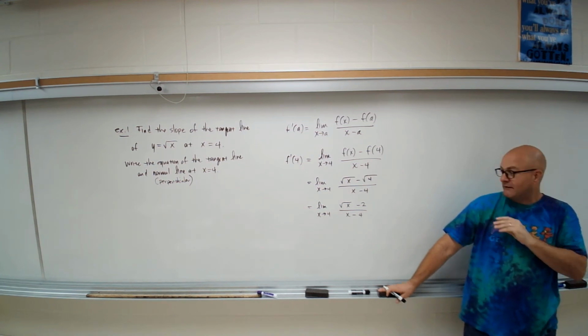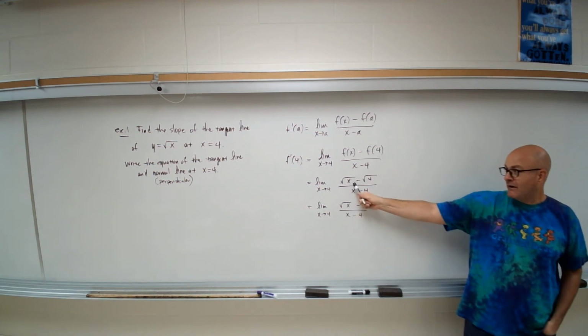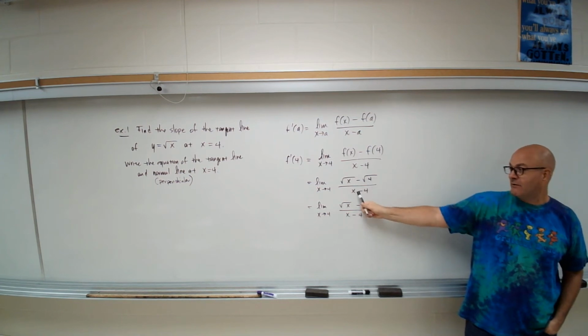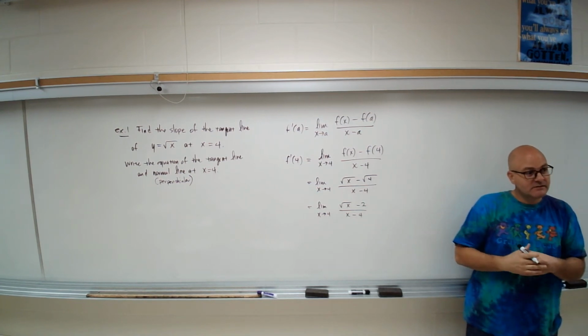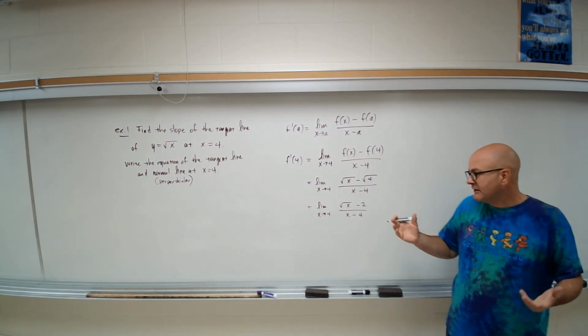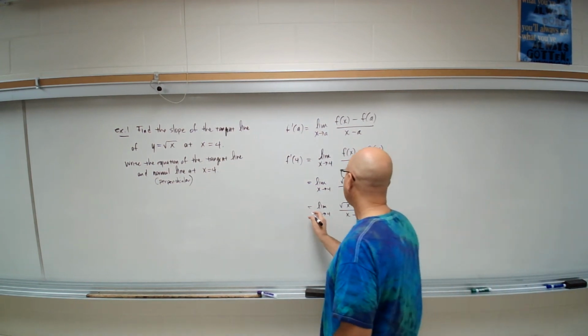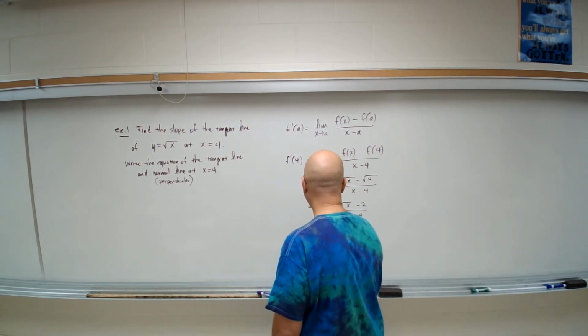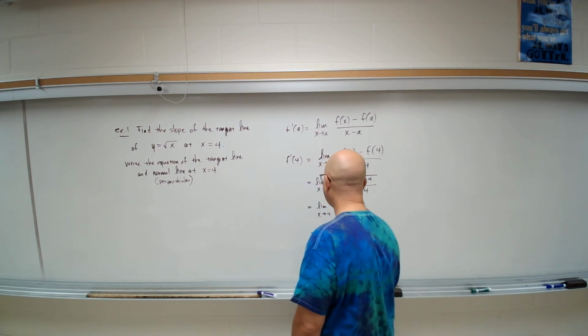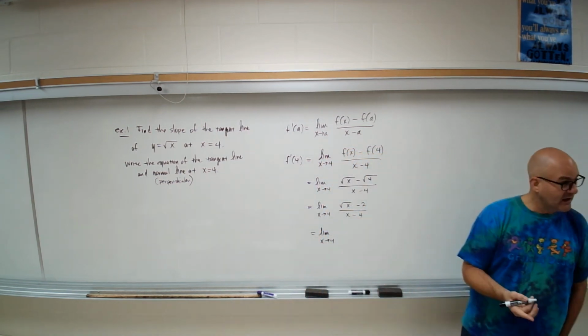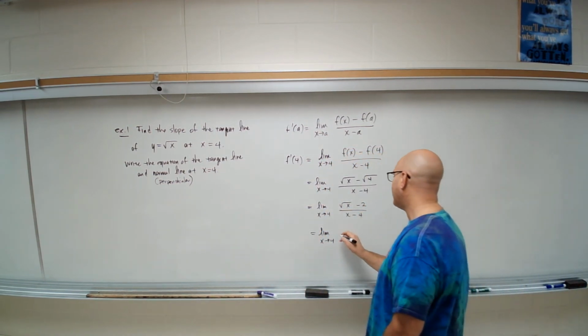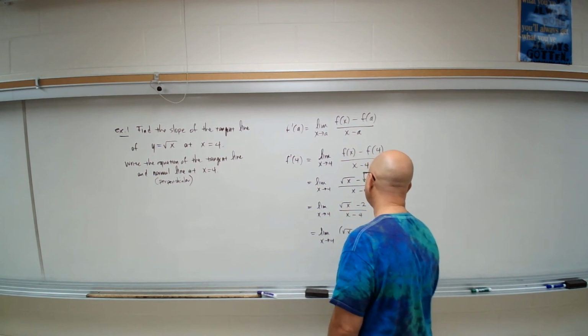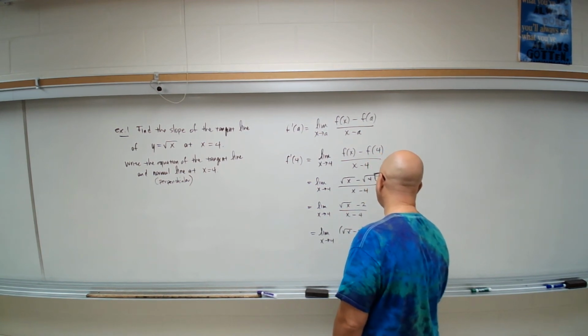Right? If you look, you get radical 4 minus radical 4, which is 0. You get 4 minus 4, which is 0. So it's always going to do that, but we probably still should check. And I guess if it didn't, it would mean you wrote something down wrong. But here we're going to use the conjugate. So we have radical x minus 2 and then radical x plus 2 on top and bottom.